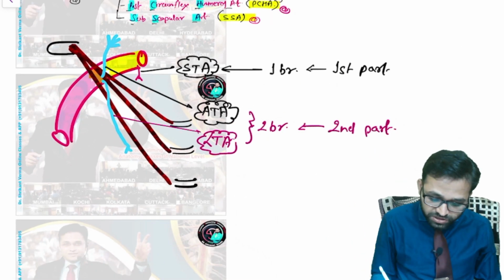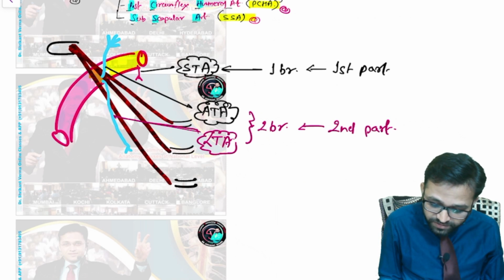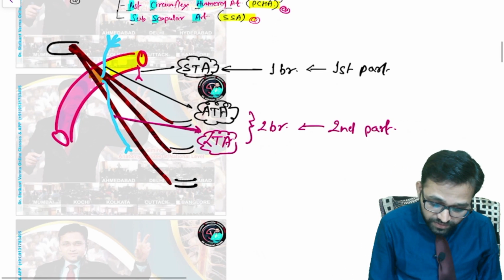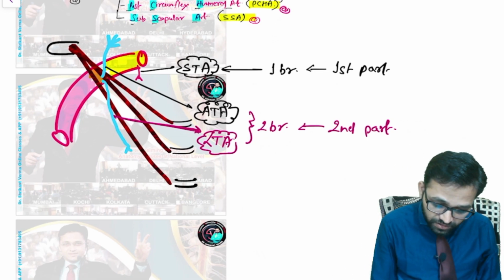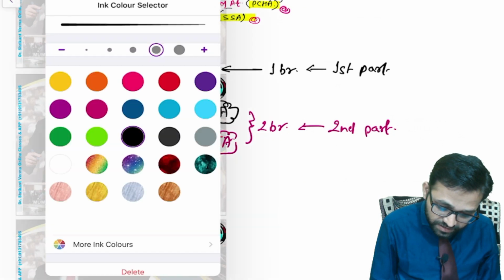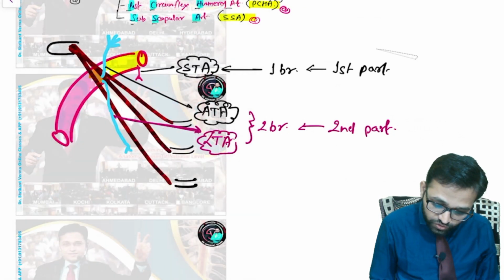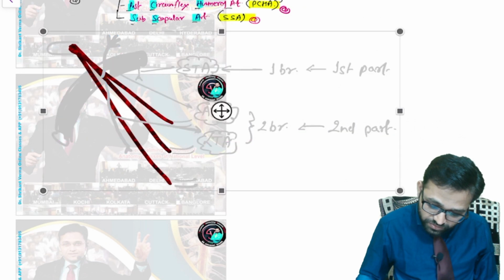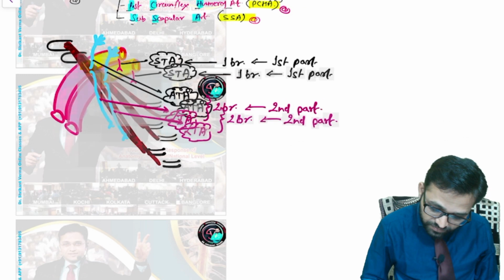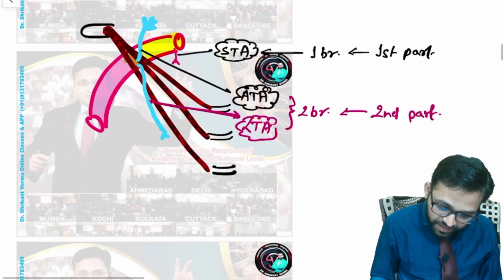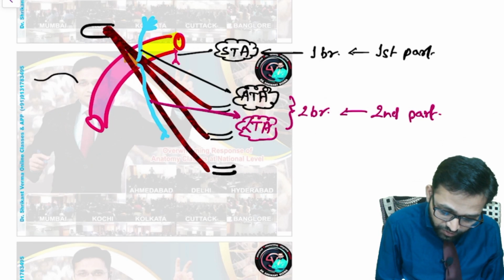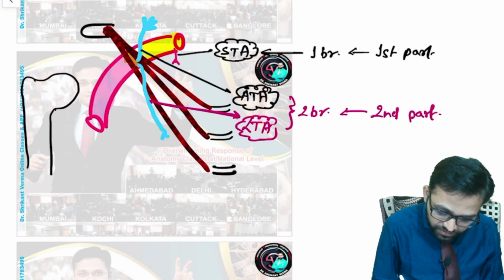Now try to understand the other point. Here is our third part. Just look here, our third part is giving the branches along our humerus. Just one diagrammatic presentation: suppose here is the head of the humerus, greater tubercle, lesser tubercle.